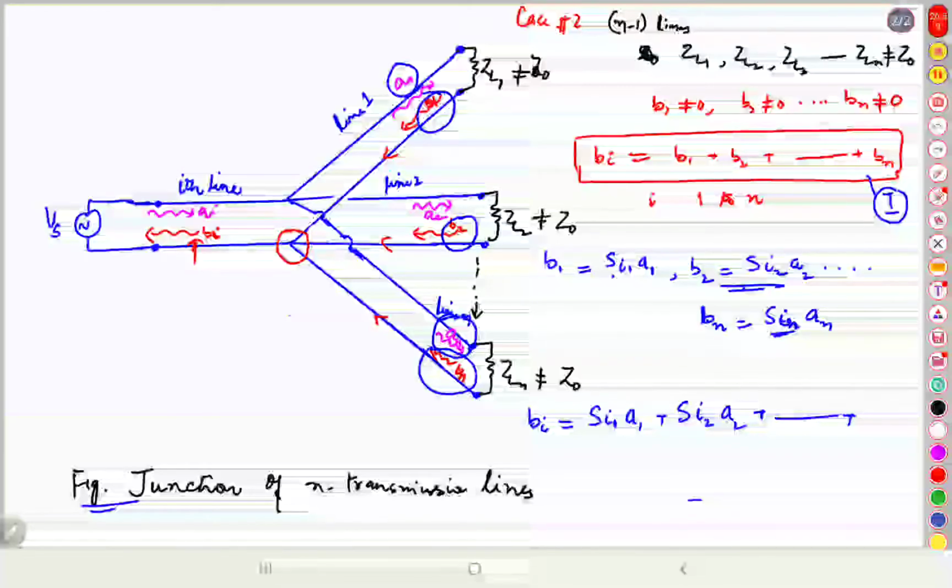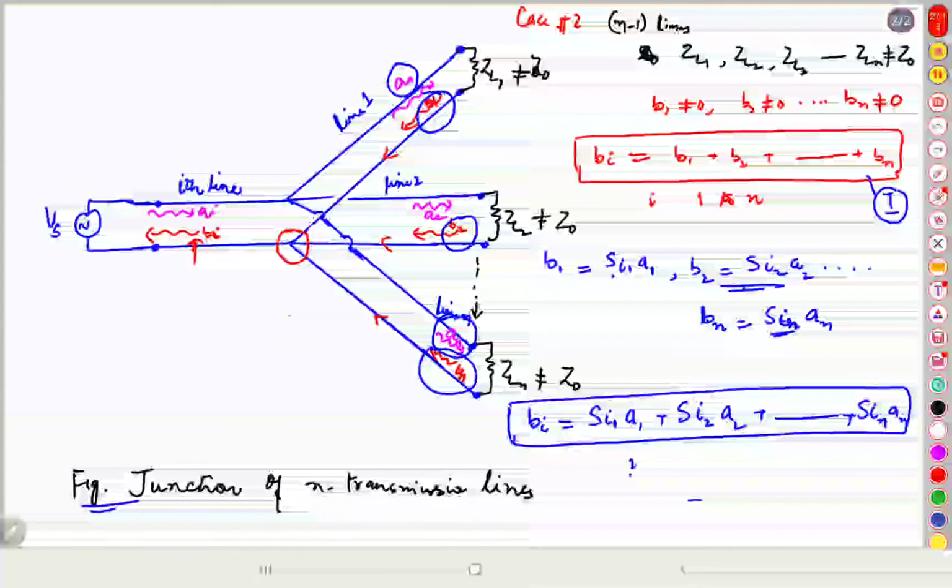Instead of writing Bn I can write Sin An. So this represents a general equation. Here, i varies from 1 to n.